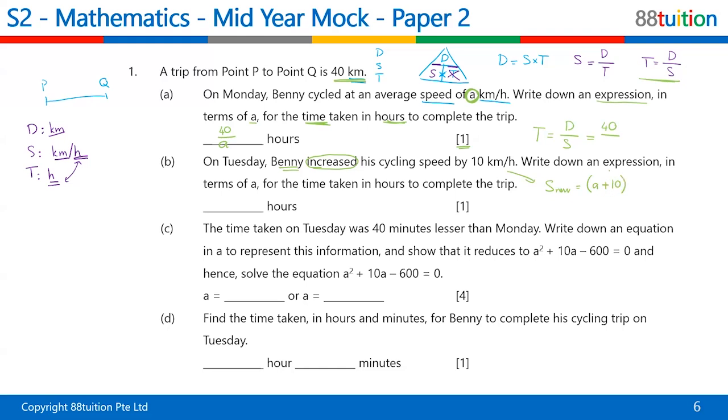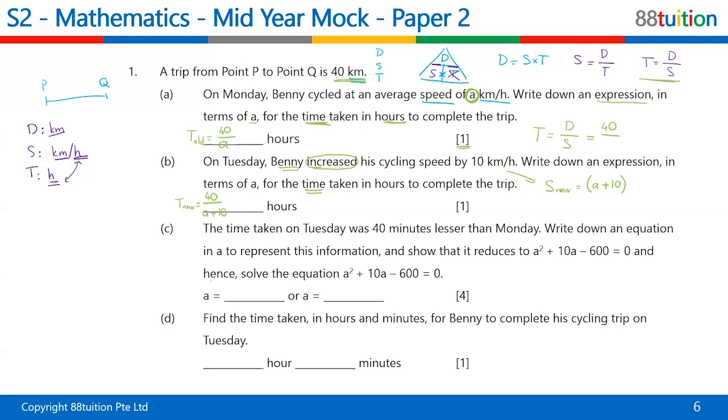Write down an expression for the new time taken in hours. The new time will again be distance over speed. My distance is always 40, but the new speed is A plus 10, so we have 40 over A plus 10 here. So this one is the old time, I mark this one a bit, and this one is the new time. All right.